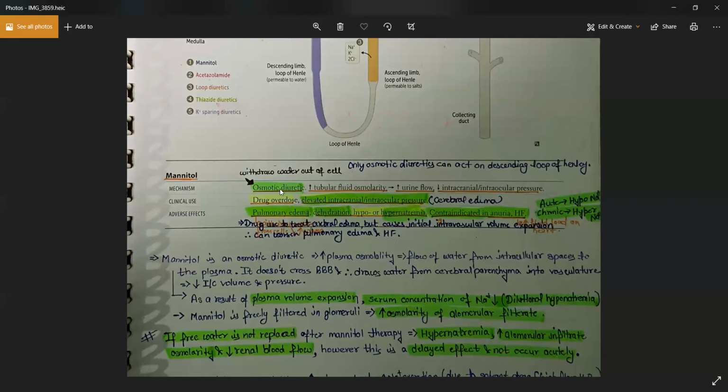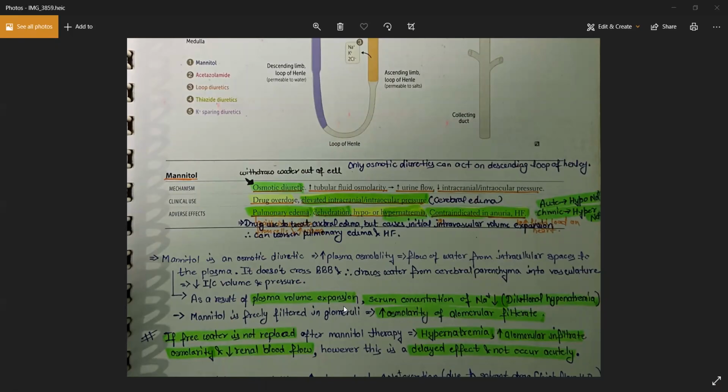So initially, when you give the patient this drug, all of the fluid present in your tissue space will enter into the blood vessels.